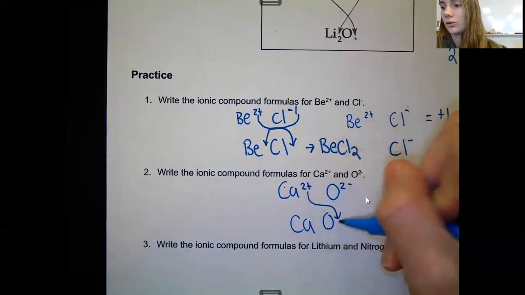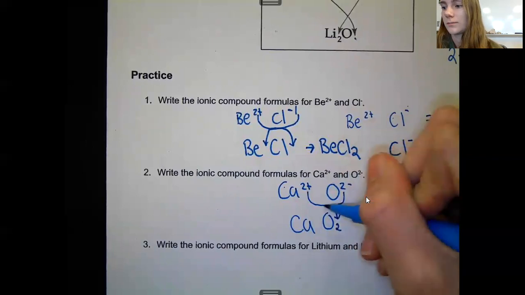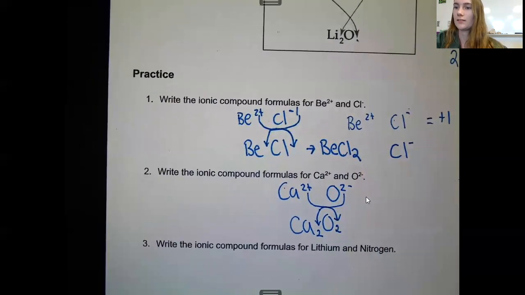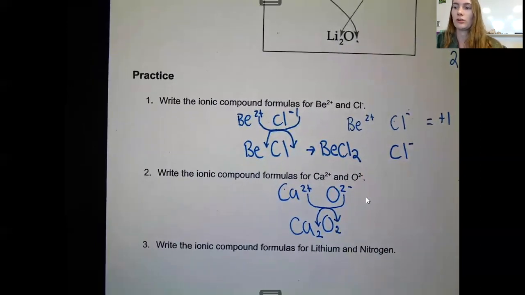So we have 2 here, we have 2 here. Now that last step is saying check the subscripts to make sure the numbers can't be simplified. Right here, that shows me that these can definitely be simplified. With our formulas, scientists really do not like to write numbers that aren't needed.